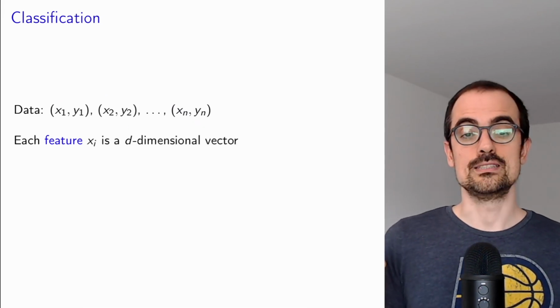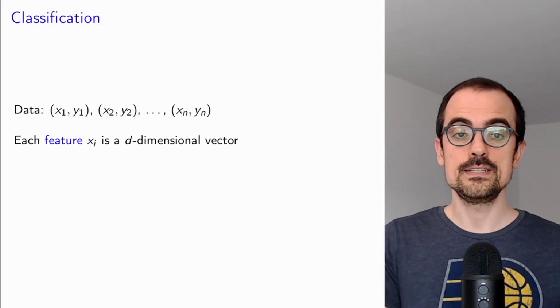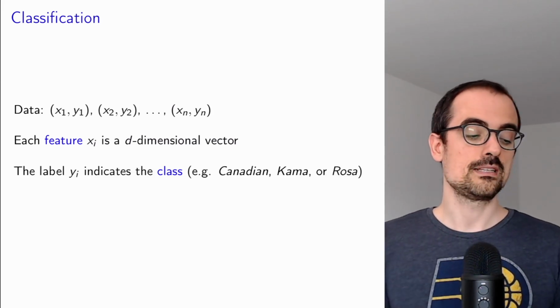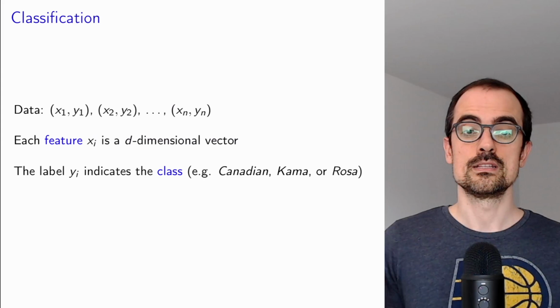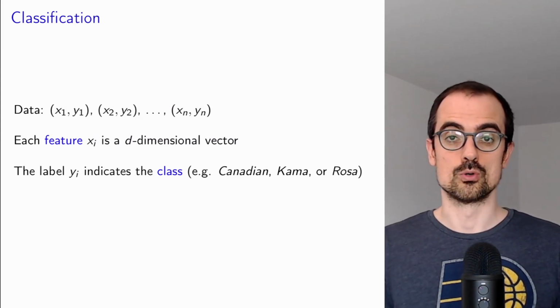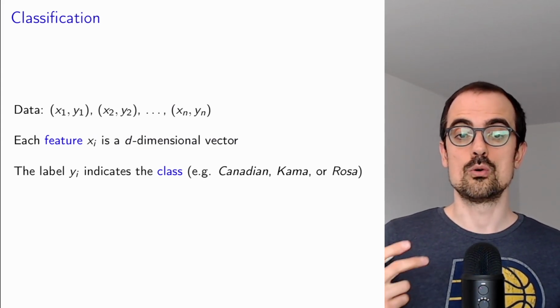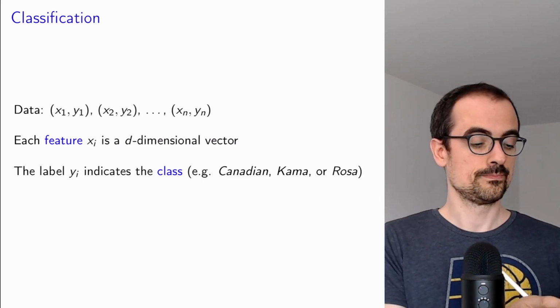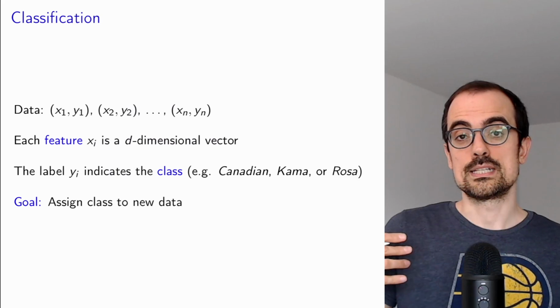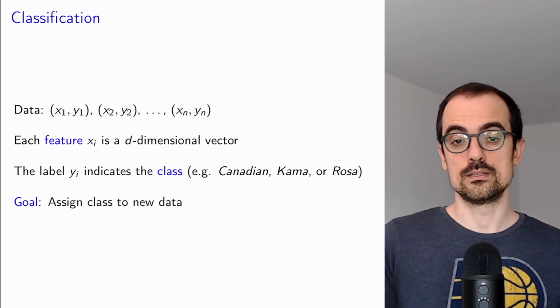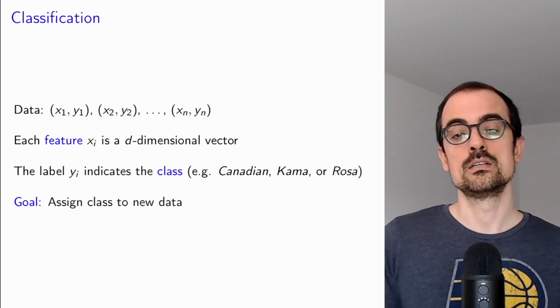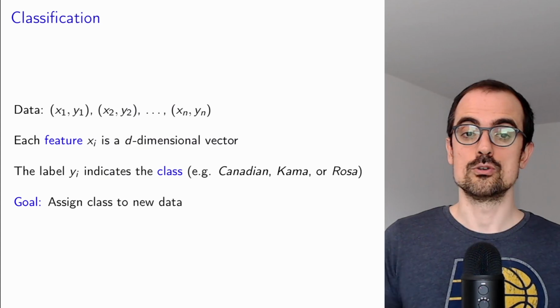The xi's are d-dimensional vectors if we have d features, and the yi's indicate the class. In the wheat example, the class would be Canadian, Kama, or Rosa, so the yi's are going to have only three possible values. Our goal is to assign a class to new data. A vector x comes in with d features, and we want to decide what should be the corresponding value of the response.